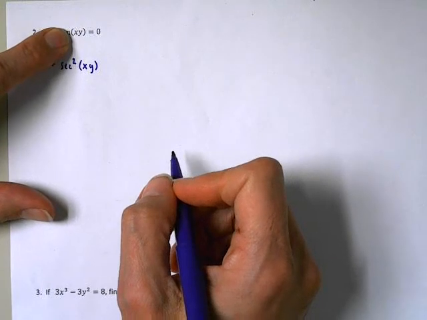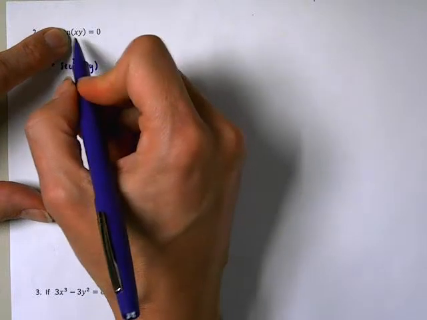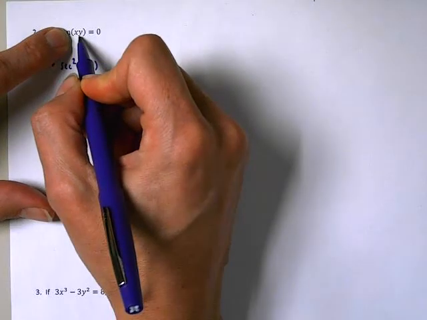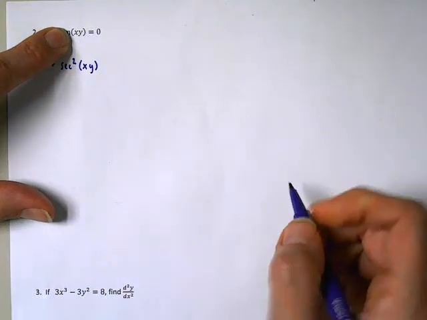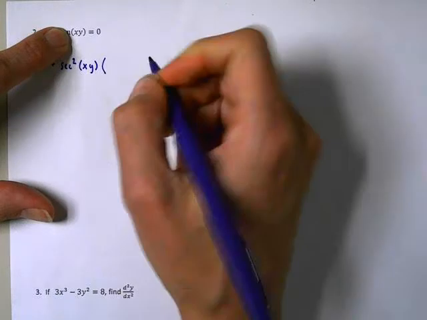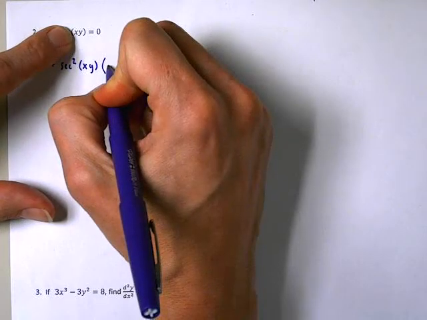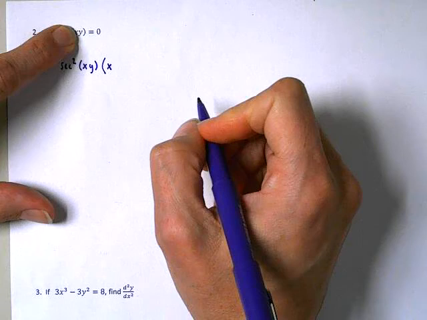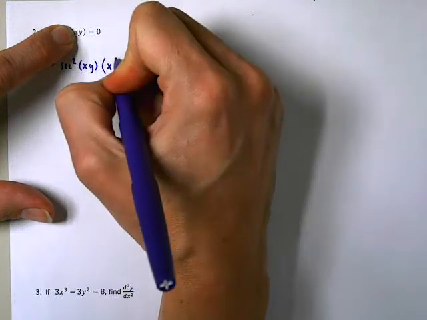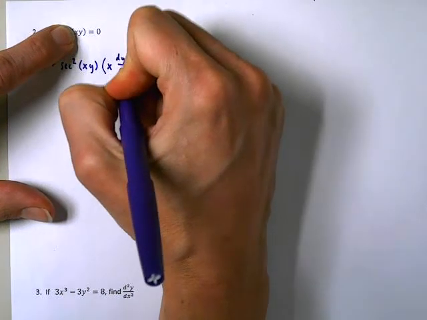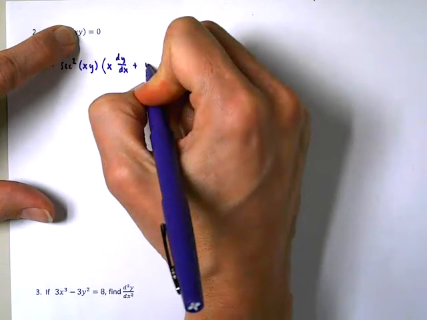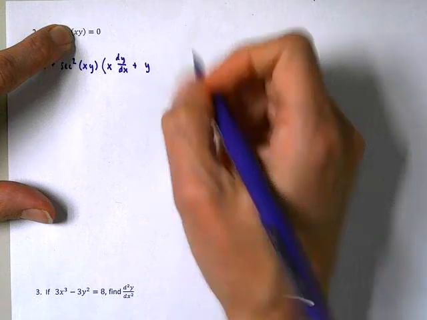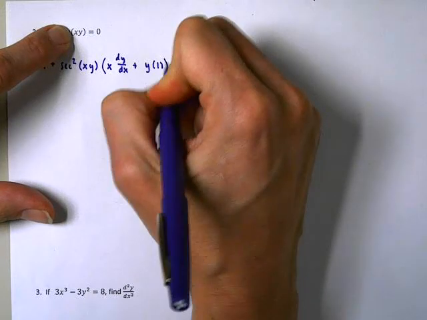So now there's a few things going on. In my inside function, I have the product of x and y, so I need to use product rule, and I have a y, so I need to do implicit differentiation. So I'm going to multiply by x times the derivative of y, which is just going to be dy/dx, plus y, my second function, times the derivative of x, which is just 1.